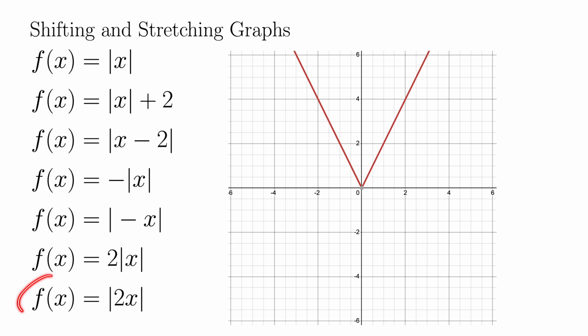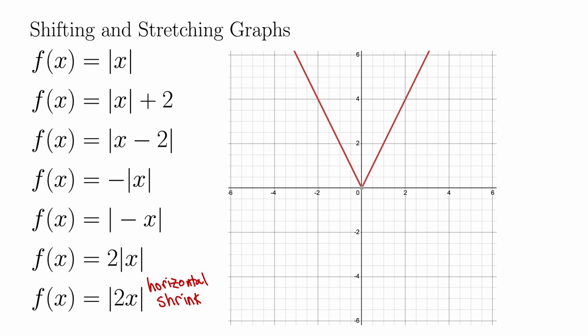The last one, f of x equals absolute value of 2x, is a horizontal shrink. And it's a shrink because 2 is greater than 1. If it was between 0 and 1, it would be a horizontal stretch. So again, once the number goes inside the absolute value, or inside the function, I guess said more generally, it's essentially the opposite of what it is when it's outside.